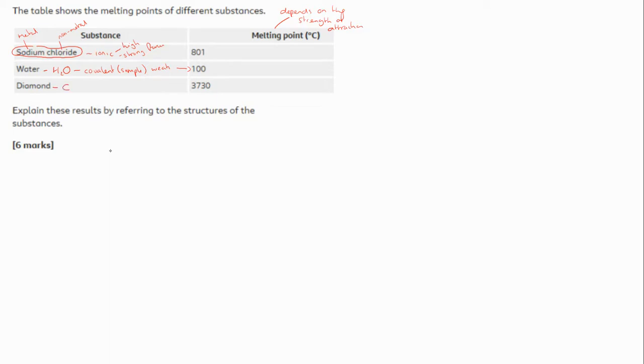So it's just carbon, and again it's covalent. But if you look at the two melting points, the melting point for water is a lot lower than it is for diamond because although it's covalent, diamond is giant covalent. Therefore you've got strong forces of attraction because you've got many strong covalent bonds that need to be broken.